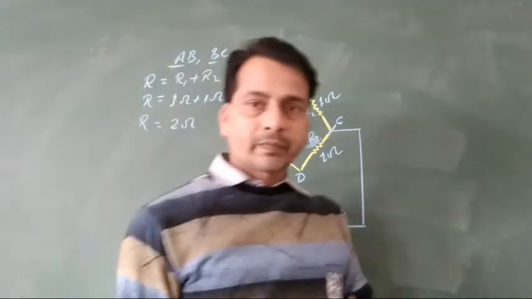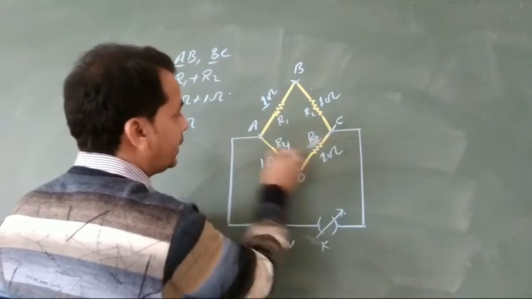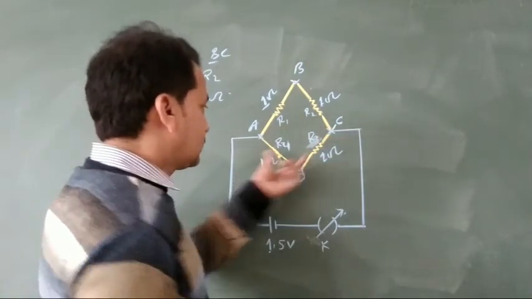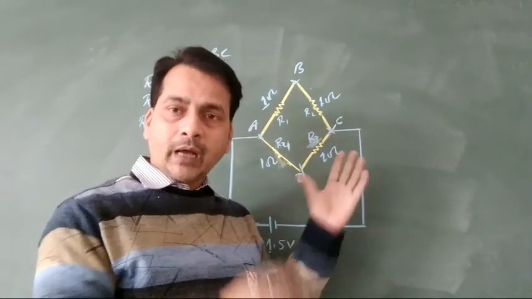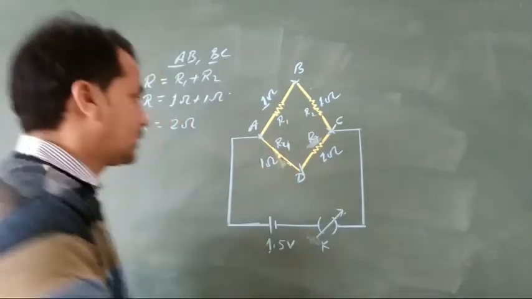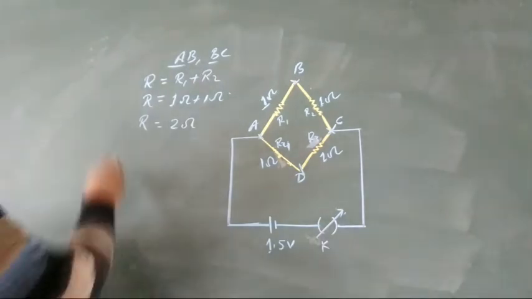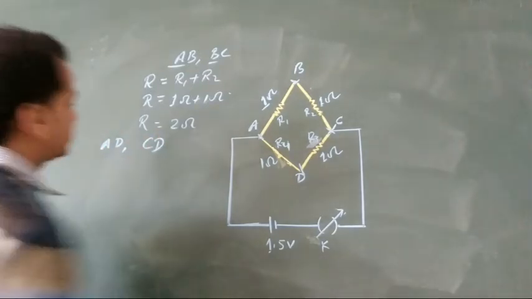And next, AD and DC. These resistors are also in series combination, AD and CD.